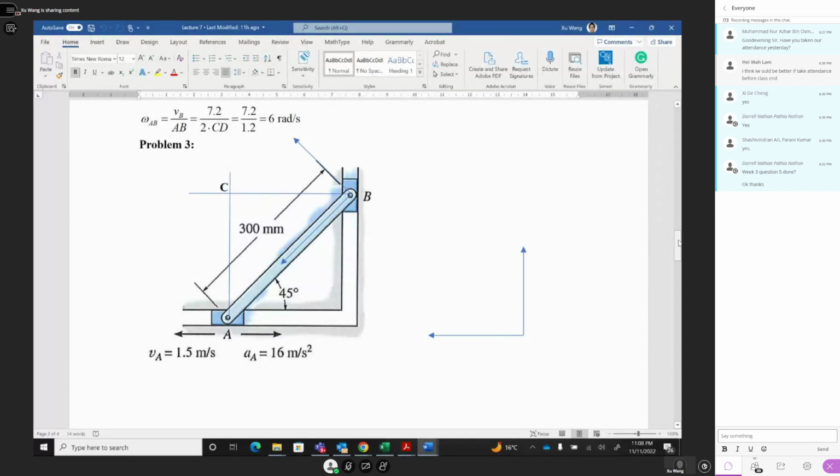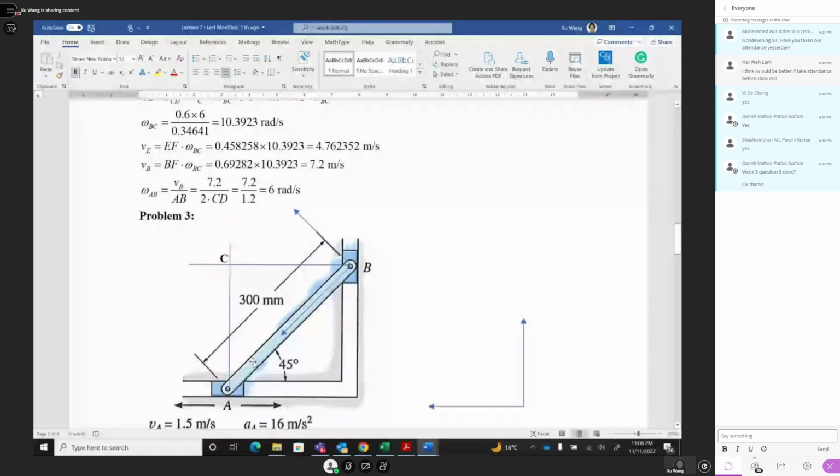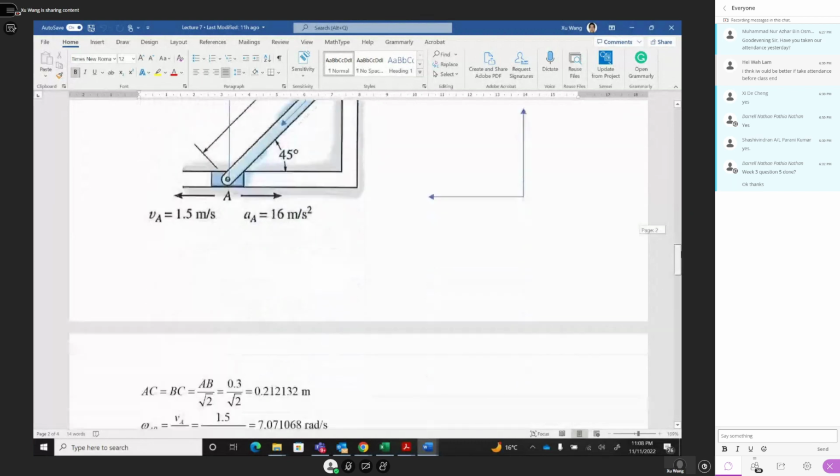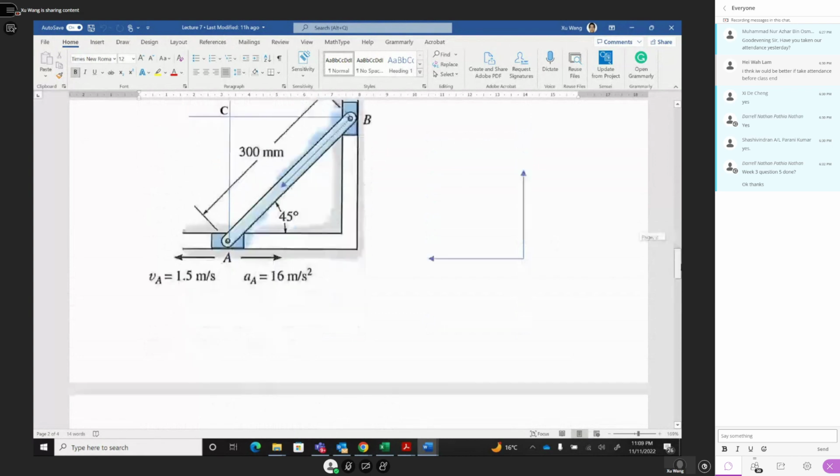Then we can go from this rotation center. We know this is 45 degree. This is 45. So this one should be equal to this one. So AC equal to BC.